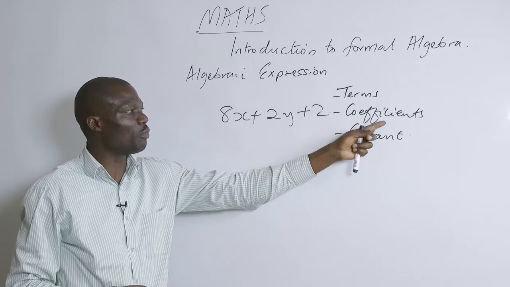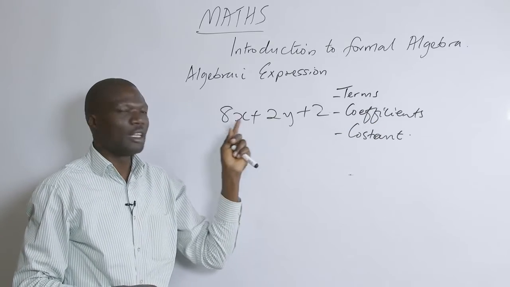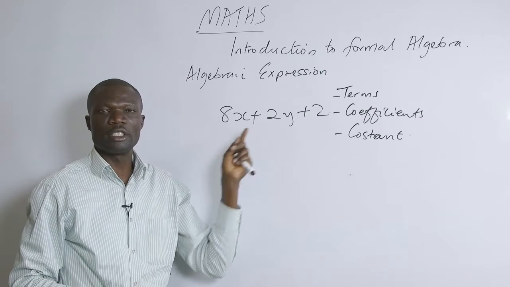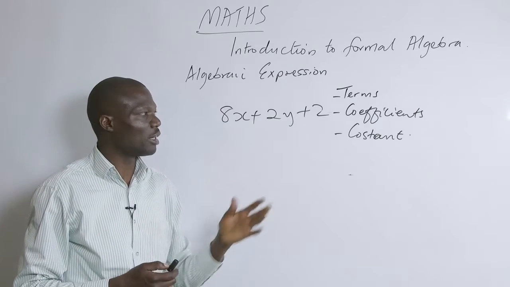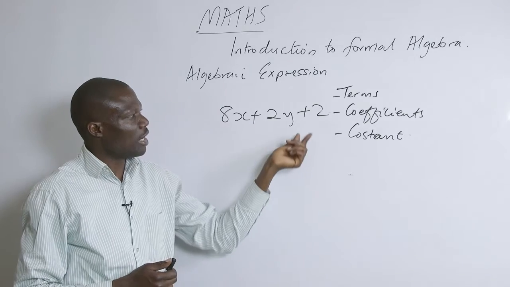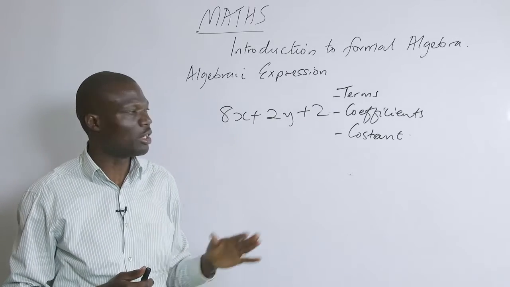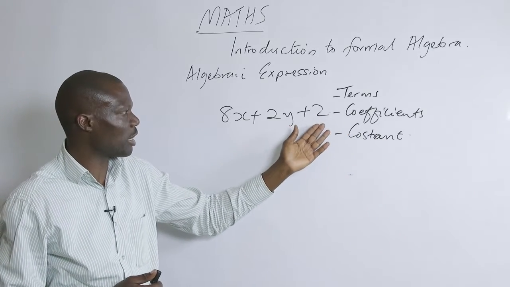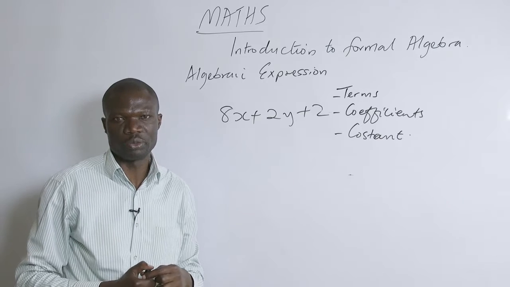So the coefficient of x is 8. The coefficient of y is 2, the number that comes before a pronumeral. And finally, if we have a number without a pronumeral, then that number is referred to as a constant. In this particular case, the number that we have is 2.